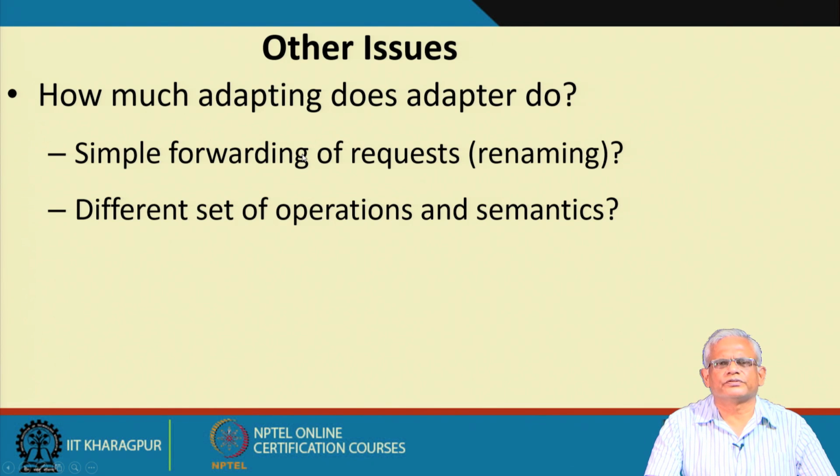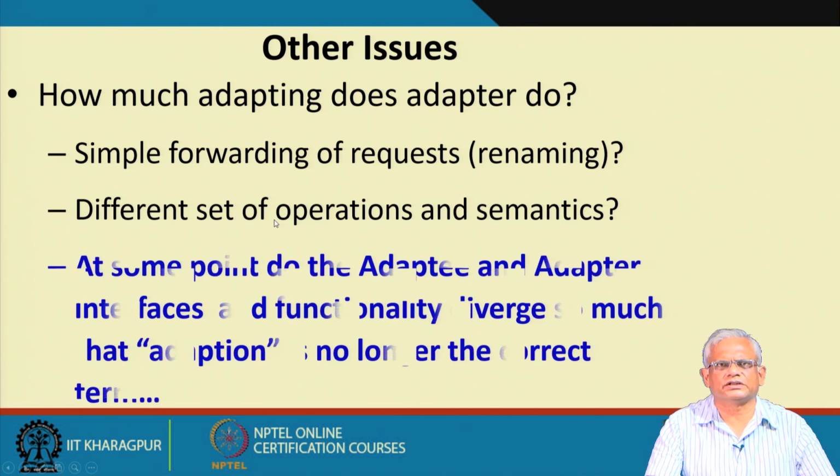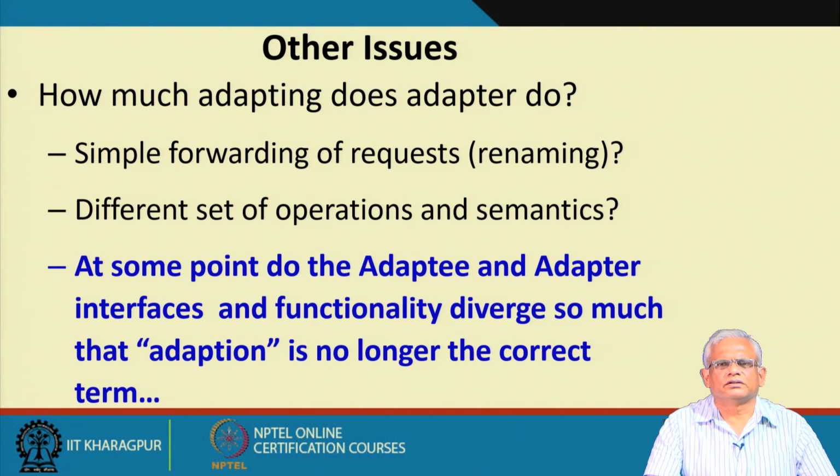We are discussing not just translating the call from one object to another, but modifying the behavior of the call itself. One is simply forwarding the request or renaming, and the other is having a modified operation. Typically, the adapter is not used to modify the operation, because at some point the functionality may diverge so much that adaptation is not the right word. It would change the behavior, it does not just adapt the interface.